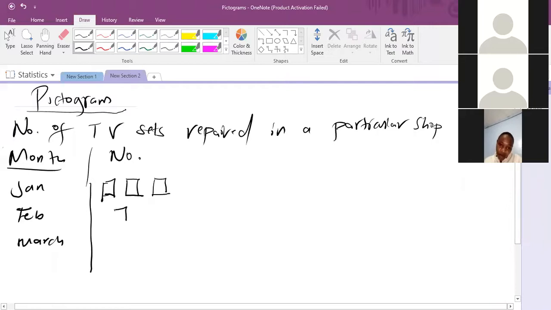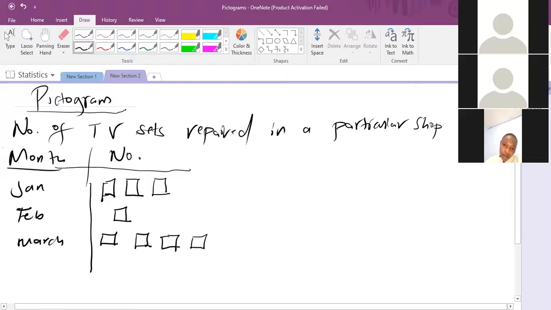In February, we have this. In March, we have this. So those small rectangular diagrams that I've drawn are basically just pictures representing the TV sets that have been repaired each month. So basically that's how a pictogram looks.